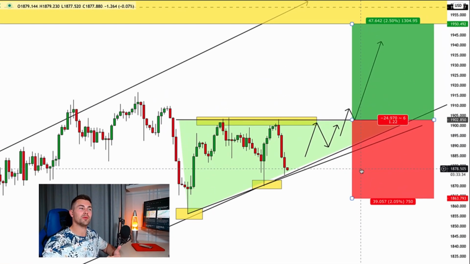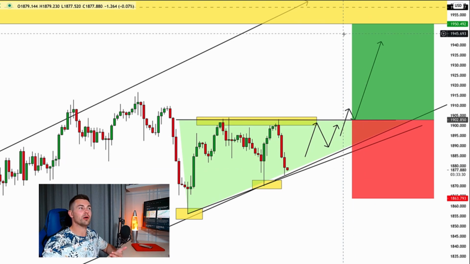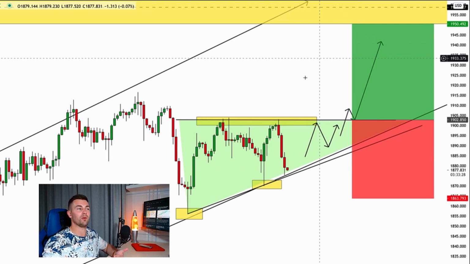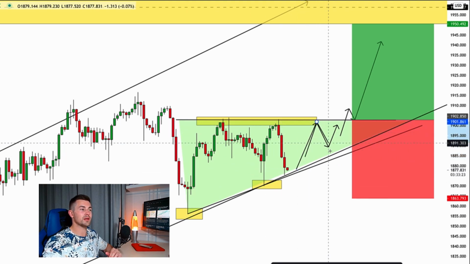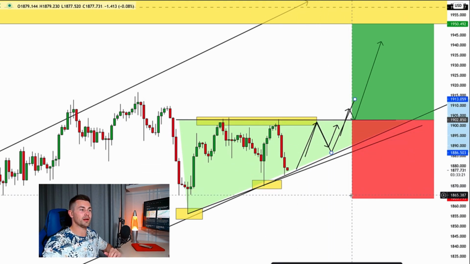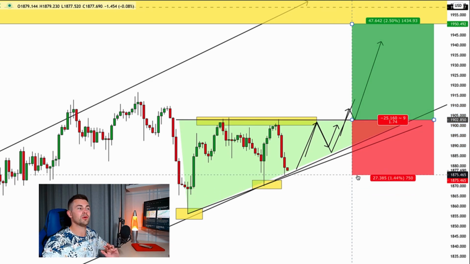So you can see from a current perspective, risk to reward here is not that sweet. Why? Because we are very close to very important highs right here. And definitely in case if we set, for example, a new high low right here, and if we adjust our stop loss, it will be much better.